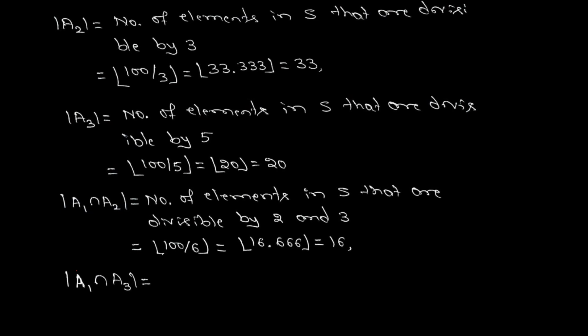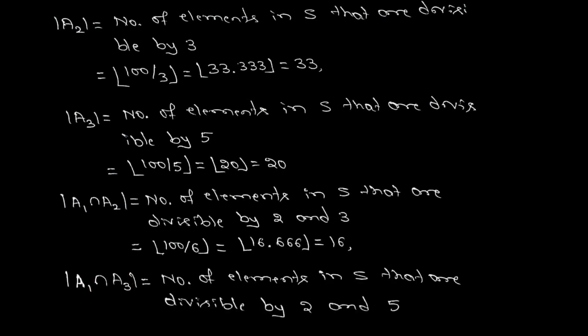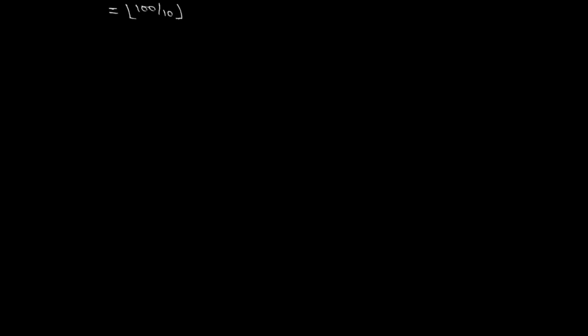Similarly, we can find the number of integers which are divisible by 2 as well as 5. So here we need to divide 100 by the LCM of 2 and 5. If you take the LCM of 2 and 5, we get 10. So we are dividing 100 by 10. We get the answer.